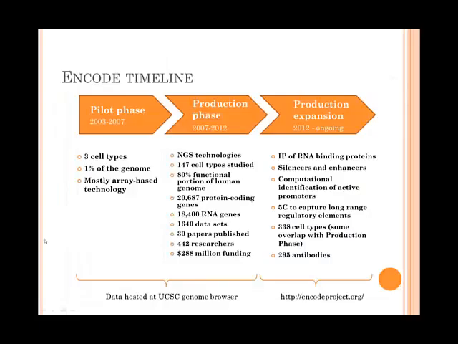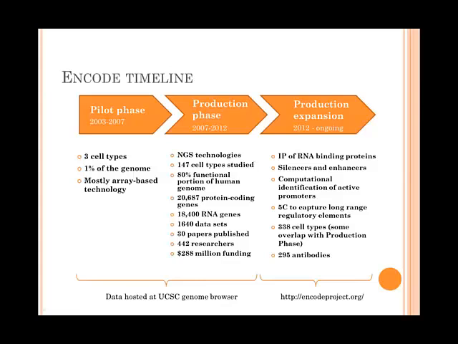This is a timeline for the ENCODE project. Starting from 2003 until 2007 is the pilot phase. There are 3 cell types, and they annotated 1% of the genome. The technology they used was mostly array-based. Starting from 2007, it's the production phase.